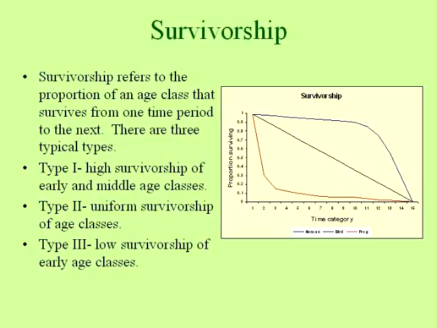And then the red graph, the lowermost one, would be a type 3 kind of survivorship curve, typical of things like frogs and lots of kinds of insects, for example, where you have very high mortality of the early age classes, and then if individuals get past a certain point, then they do tend to live for a while.